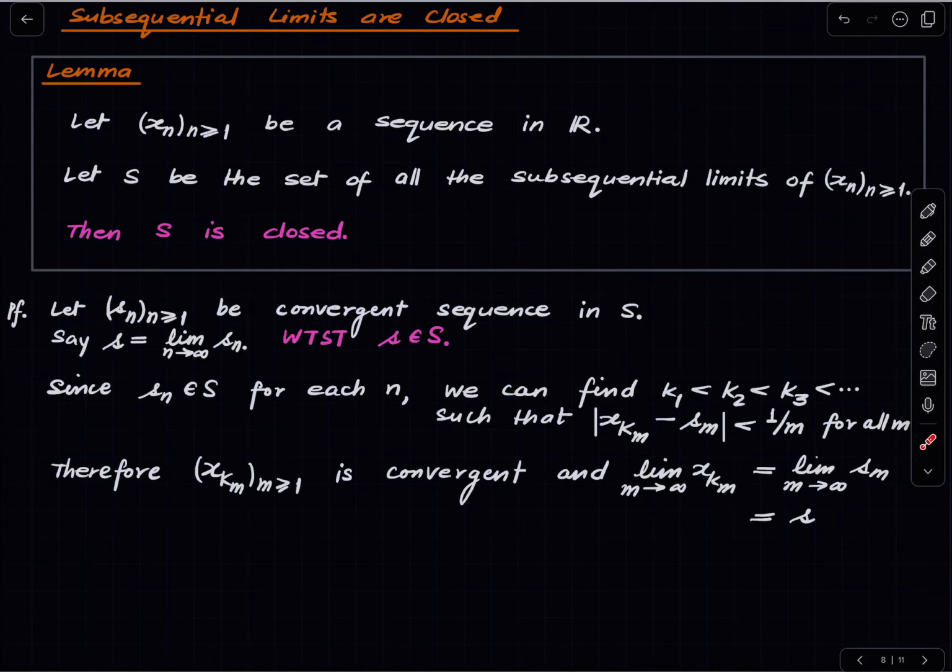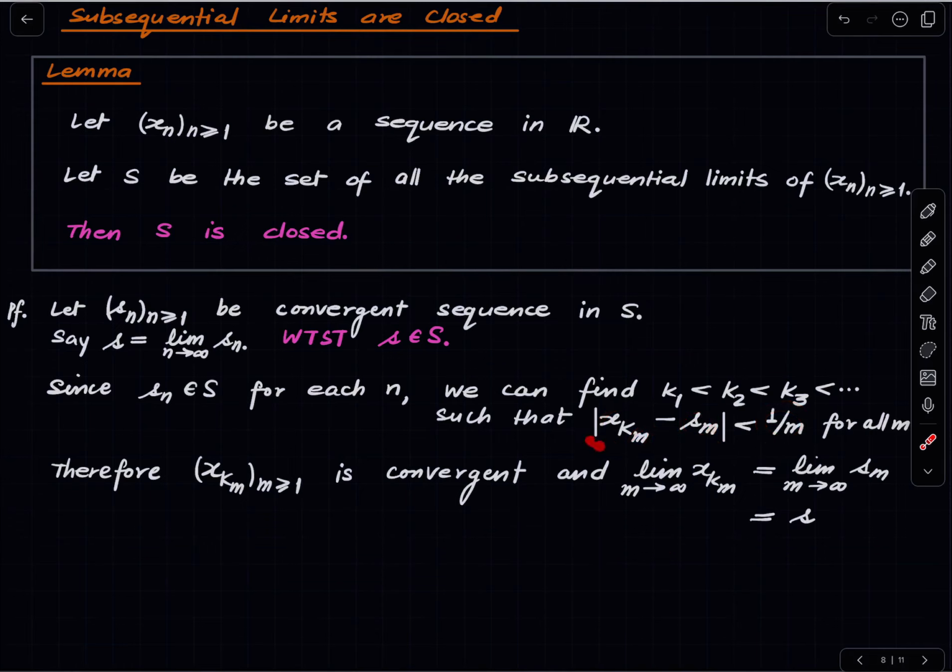The point is, Sm comes closer and closer to s as m increases, and xkm comes closer and closer to Sm. Xkm and Sm have a very small distance, and as m increases, the distance becomes smaller and smaller. So the distance between s and xkm has to be also smaller and smaller.